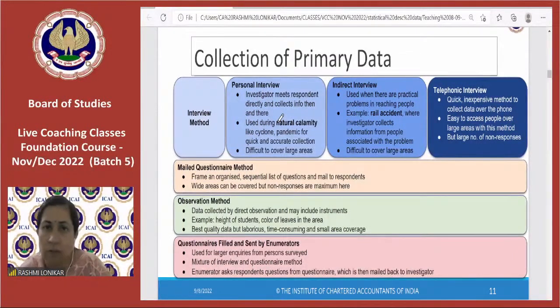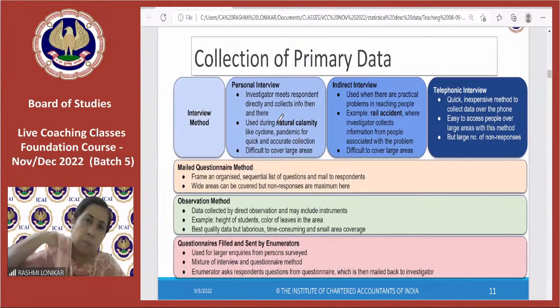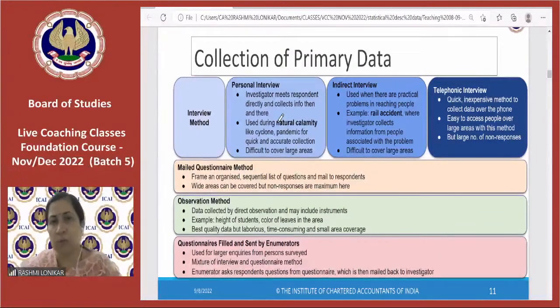I go and talk to the person, but in this interview method there are 3 different ways in which you can hold an interview. First is the personal interview, second is the indirect interview, and third is the telephonic interview. Especially in these COVID times, you are having more and more telephonic interviews for placements also; telephonic means even the Zoom calls and all those come under that type of interview.